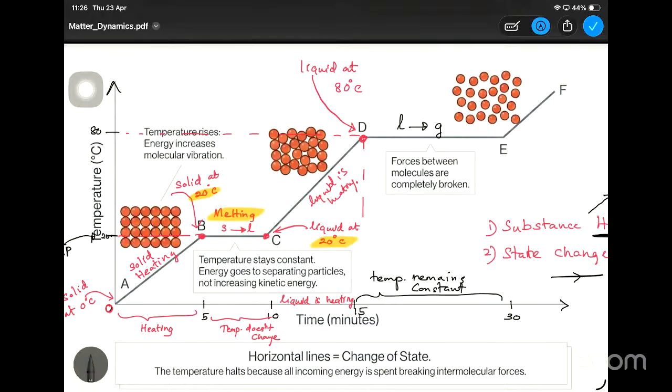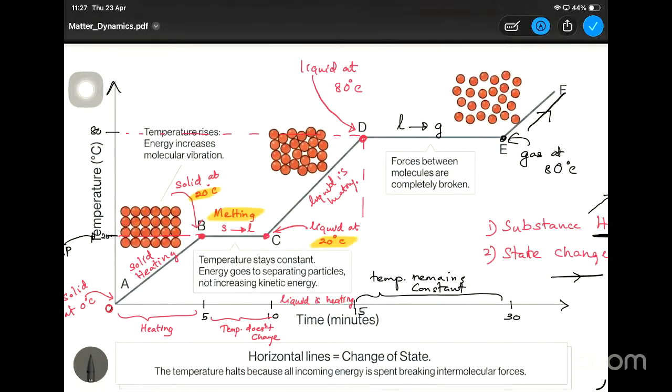Again, in the thermometer, you cannot observe any increase in the temperature value. So at E, what you can find is now gas, right? Gas at 80 Celsius. And from there onwards, it is just the gas being heated.